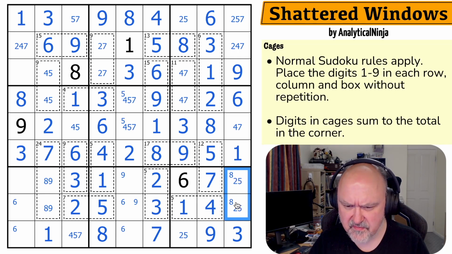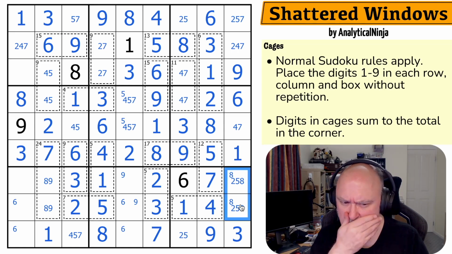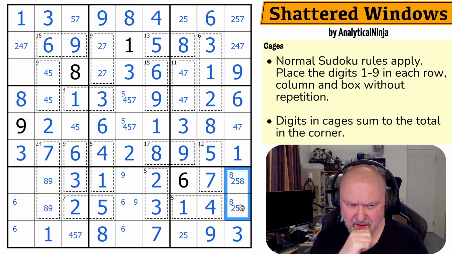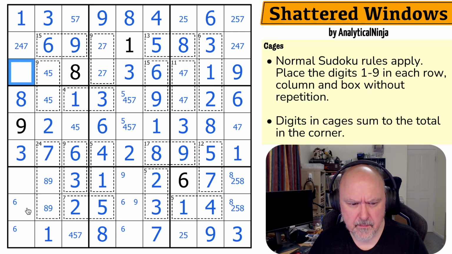So these are 2, 5, 8. Huh. I do not recommend solving Sudoku in the middle of a heat wave.